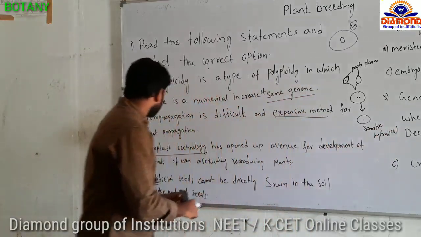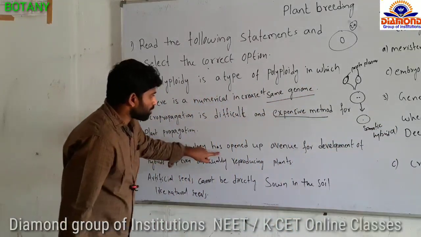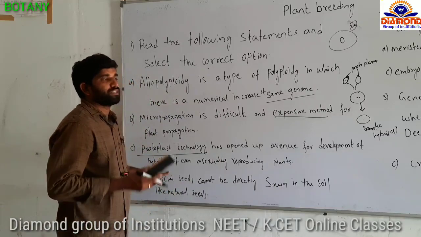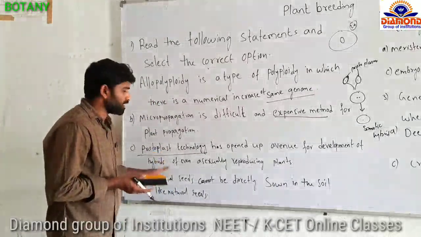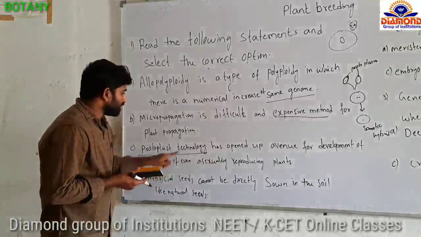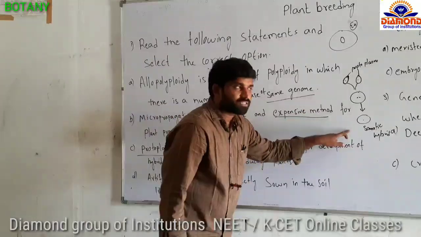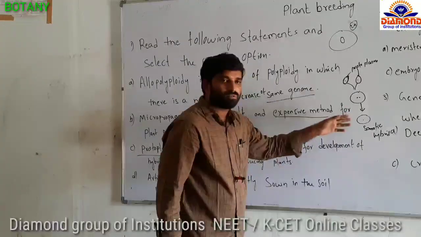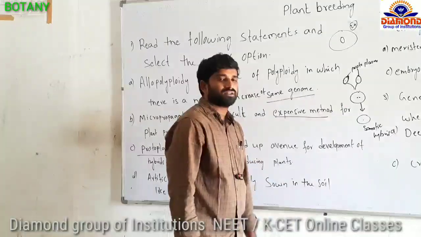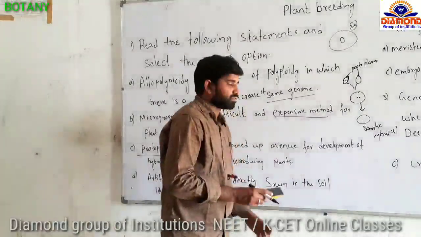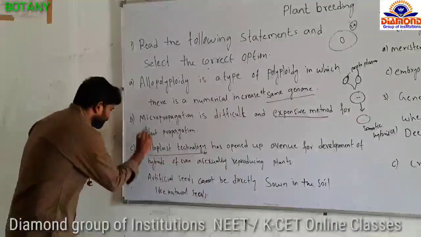So option C says protoplast technology has opened up an avenue for the development of hybrids. Hybrids mean two different characters seen in a single cell, plant or organism, even in asexually reproducing plants, where we perform somatic hybridization or protoplast fusion to produce new plants. So option C is correct.